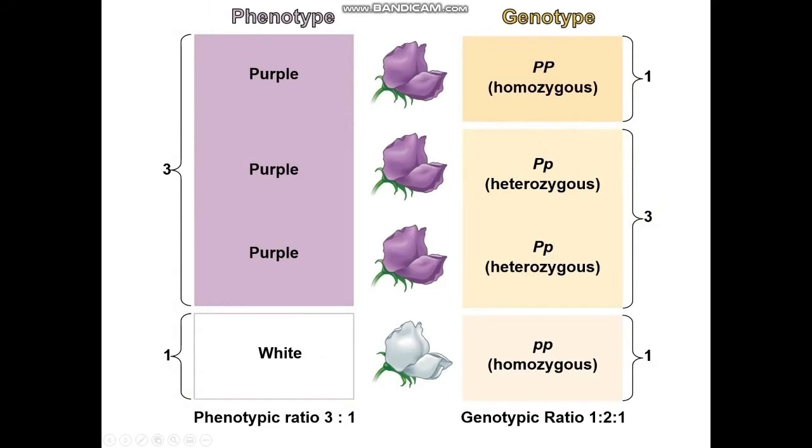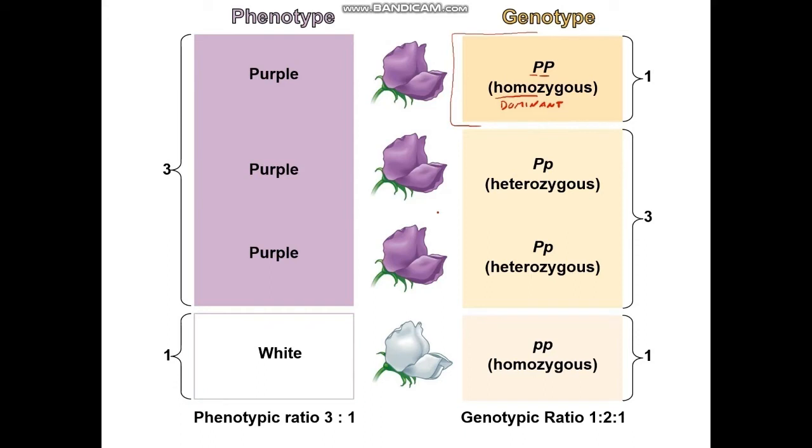Okay. So here is the same experiment, but we're looking at the phenotypic and genotypic ratios. This plant here is homozygous dominant. Homozygous, homo means same, homozygous means that it has 2 copies of the same allele.